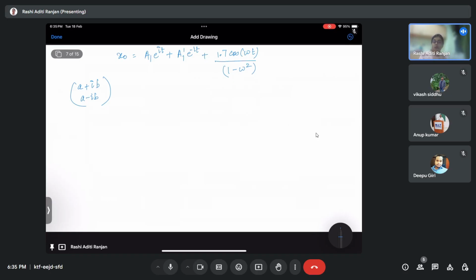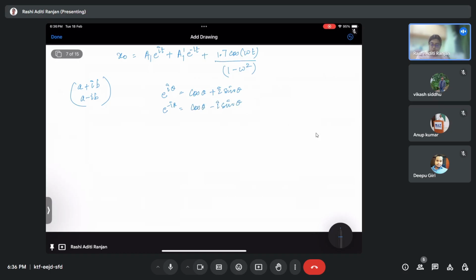Now coming to the third term, how do I convert it? We know that e to the power i theta is cos theta plus iota sine theta, and e to the power minus iota theta is cos theta minus iota sine theta. What can we do?